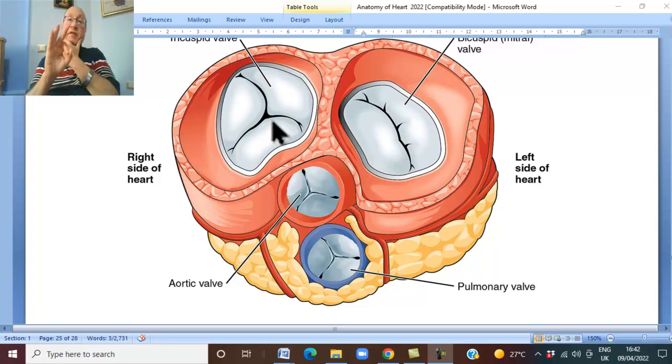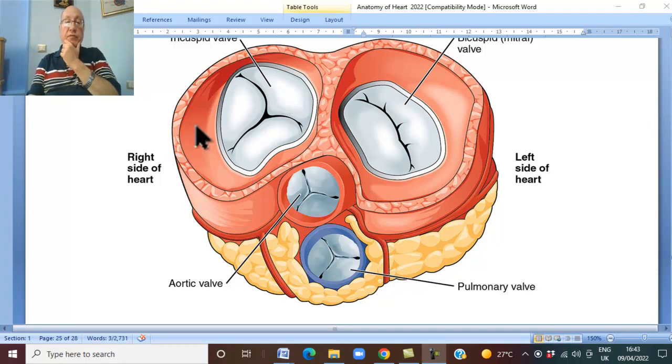The tricuspid valve, from the name, has three cusps. A cusp attached to the anterior wall of the ventricle is called the anterior cusp, a cusp attached to the inferior wall is called the posterior cusp, and a cusp attached to the interventricular septum is therefore called the septal cusp.